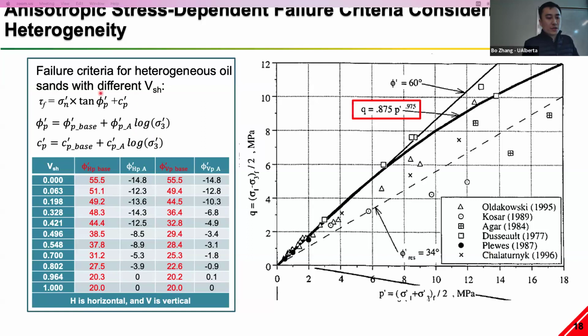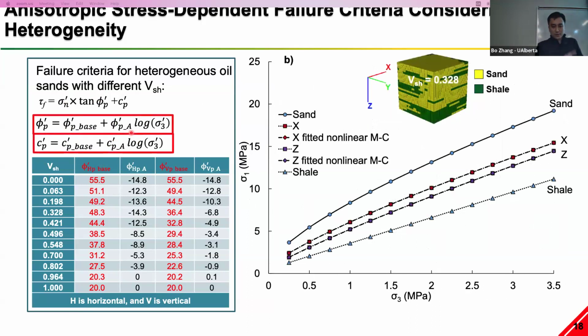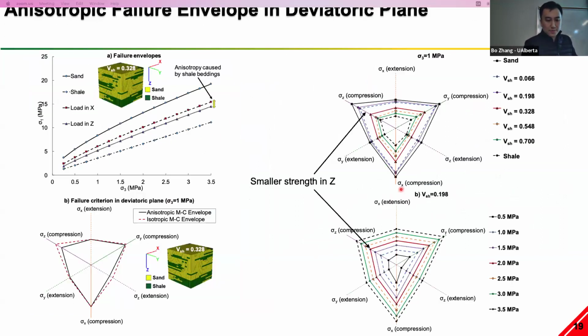In order to quantify that, we need to develop a constitutive model that is stress dependent, as it shows here, right? Only by using that can we mimic the nonlinear stress-strain behavior and also the nonlinear Mohr-Coulomb failure envelope numerically, okay?